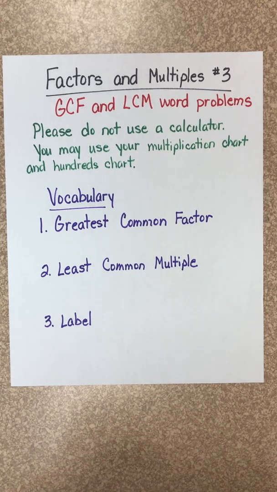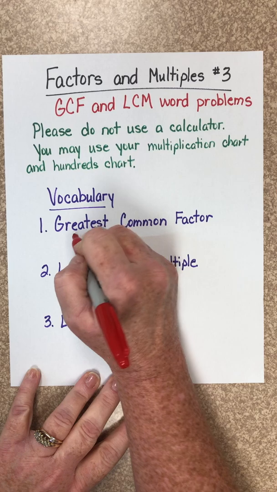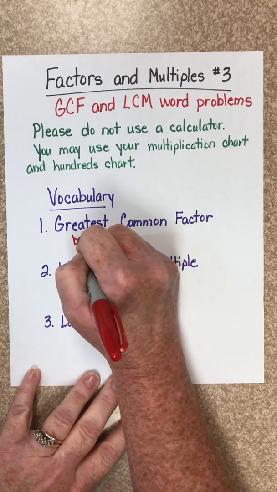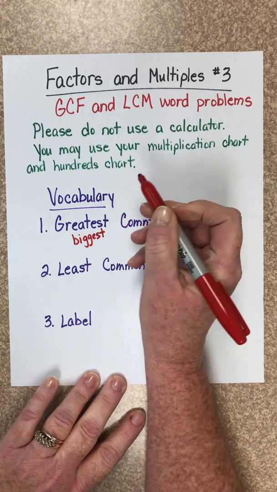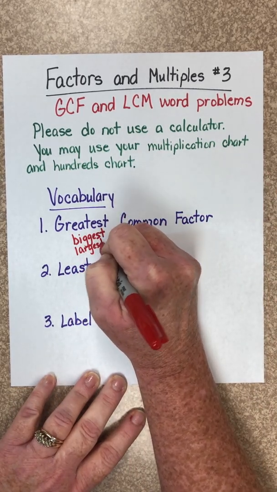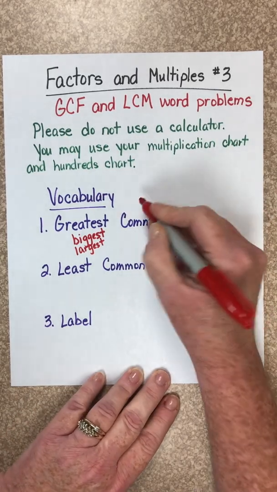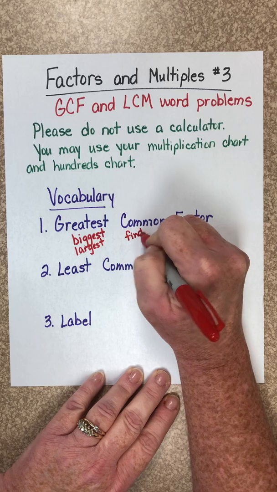First is greatest common factor. So let's look at each word. Greatest, we need to think about it being the biggest or the largest. Common means we're going to find a number in both.